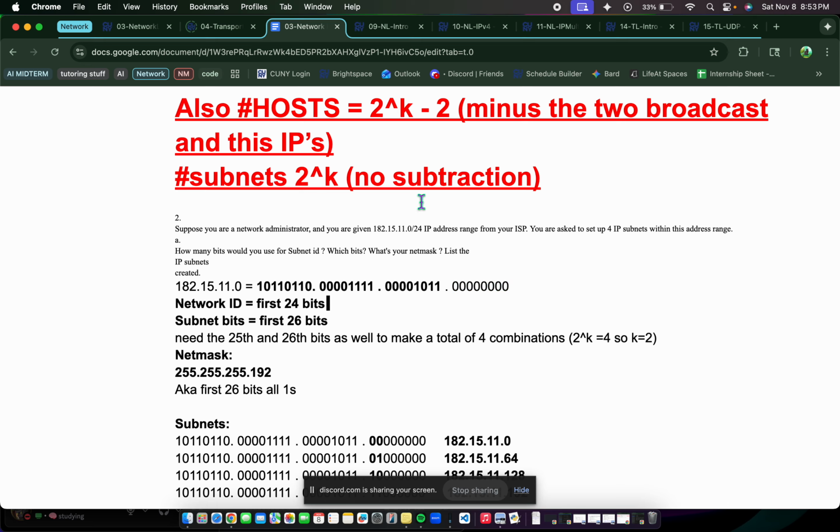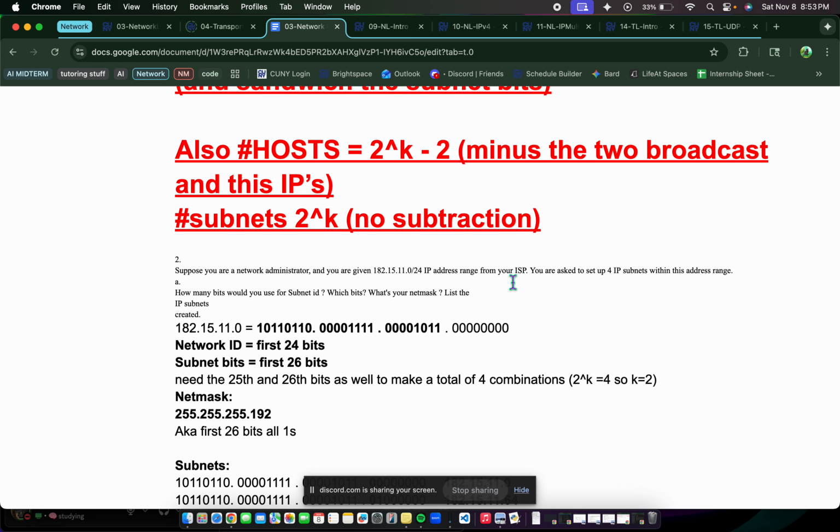The thing is, though, we need to be able to create how many subnets? 4. So we're going to have to take pieces out of these host bits in order to actually create the subnets. And we know that our subnet for sure is going to be here, at least, but we're going to need a couple more bits for this.